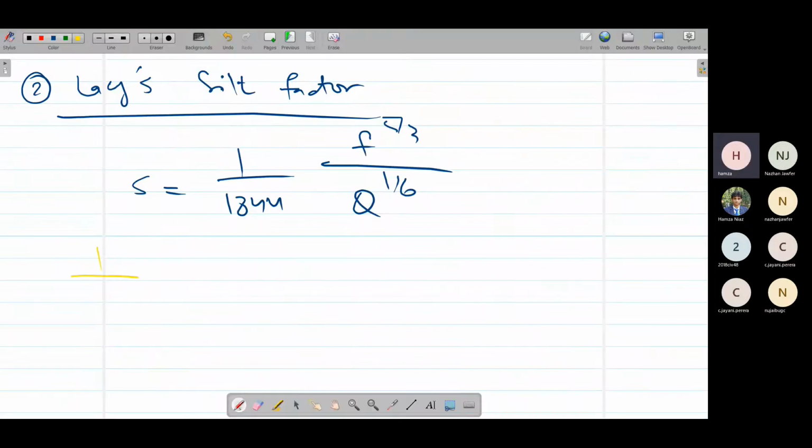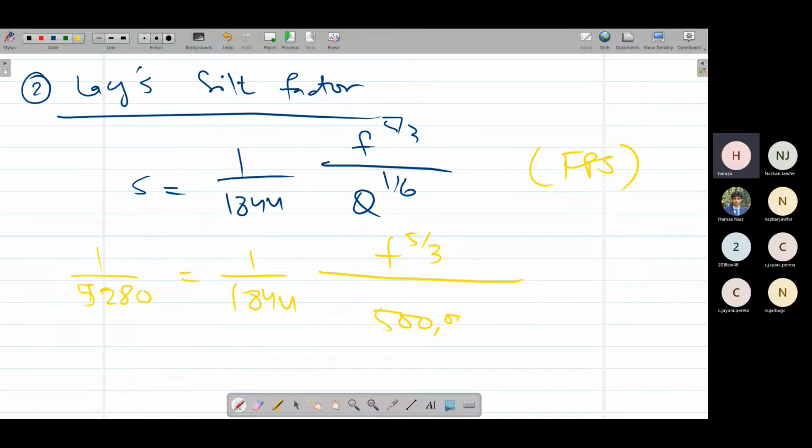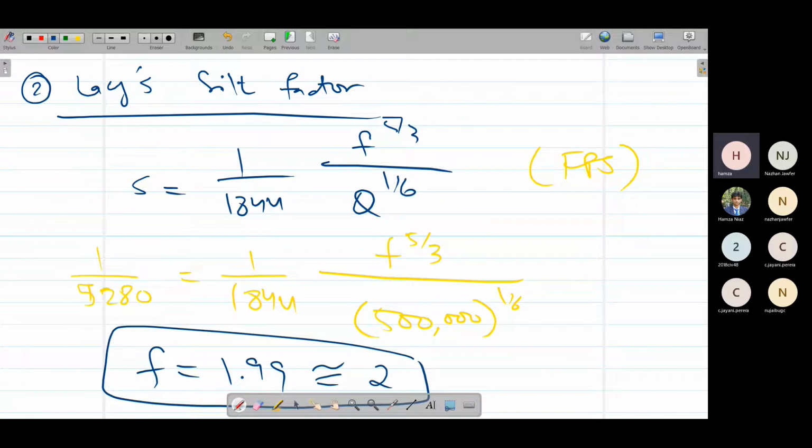So we can write S as 1 over 5280, as we know that there are 5280 feet in 1 mile. 1 over 1844 is the coefficient, this is for FPS units again. F we have to calculate, and Q we know is 500,000 to the power 1/6. If we simply solve this, we'll get an F value of almost 1.99. So we can round off to 2. So we'll get the silt factor as 2 from this equation.